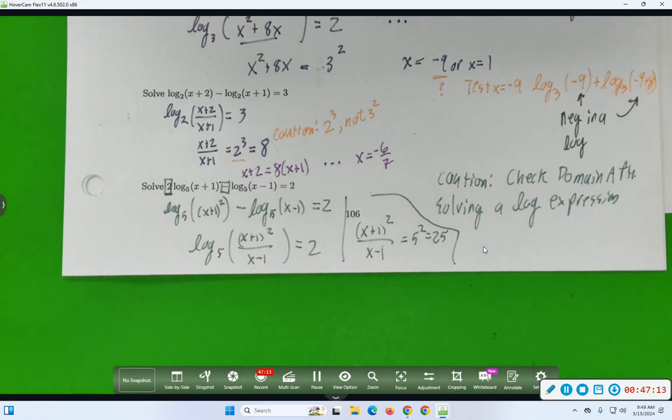And I won't solve it, but maybe I'll just point this out. Does that look like something that's now an easier looking equation to solve than we started with? Does it look like something you in fact could solve if you had 5 minutes instead of 40 seconds? Yeah. And let's just make note of this. That looks like there's going to be a degree 2 polynomial that you'll eventually get.